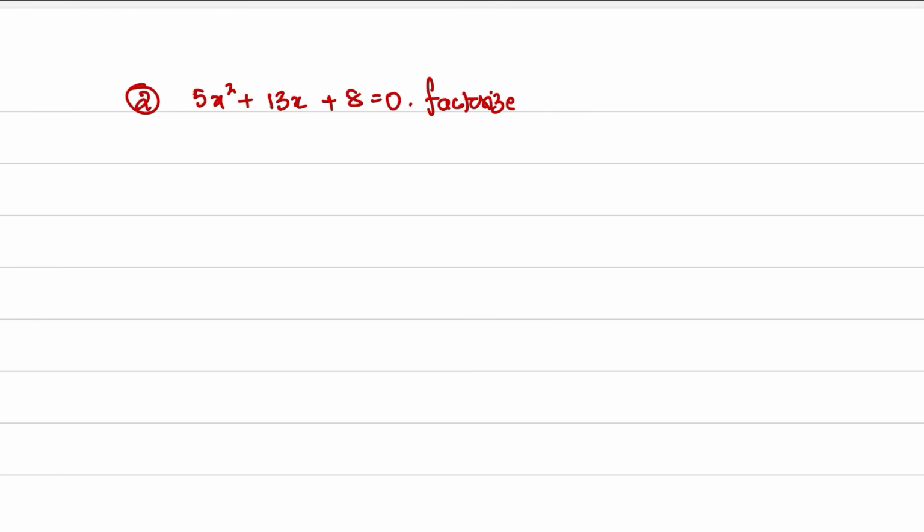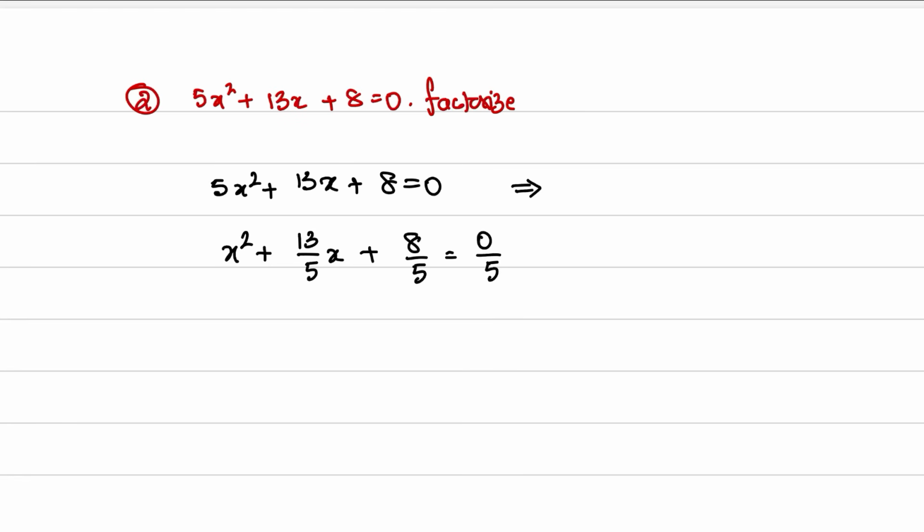Now, solution. 5x square plus 13x plus 8 is equal to 0 can be written as x square plus 13 by 5 into x plus 8 by 5 is equal to 0.